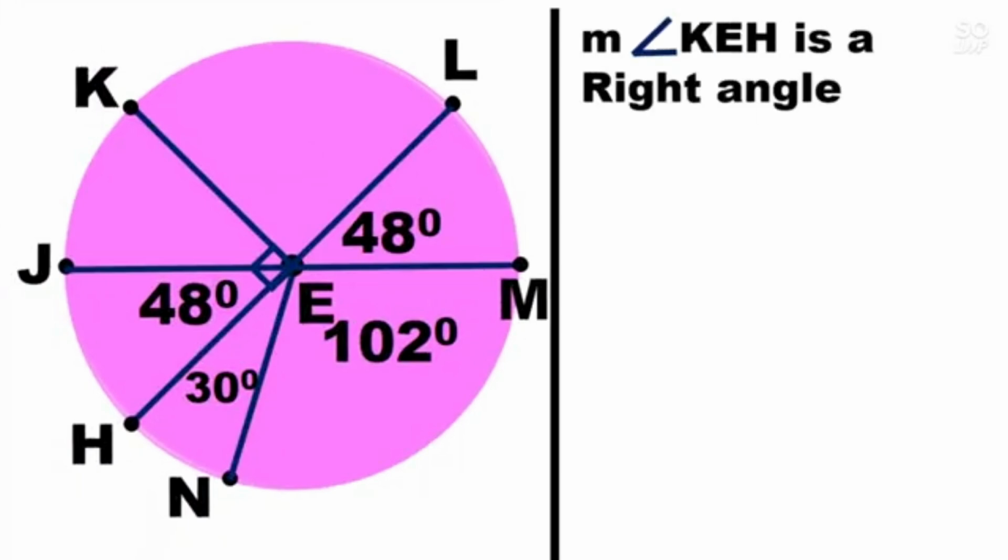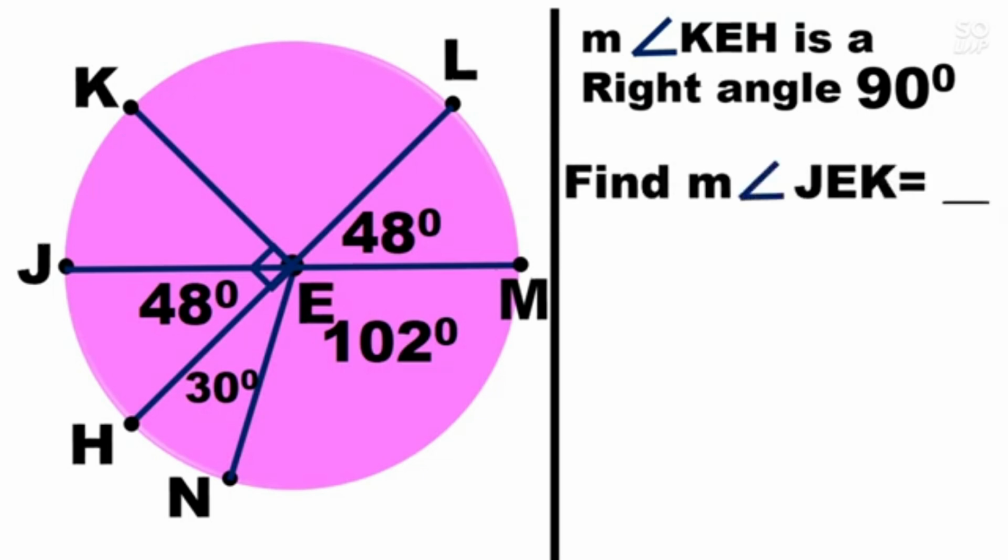Okay, next. The measure of angle KEH is a right angle. So, pag sinabi natin right angle, it measures 90 degrees. Okay? So, meron tayong symbol na maliit na square. And then, find the angle JEK.